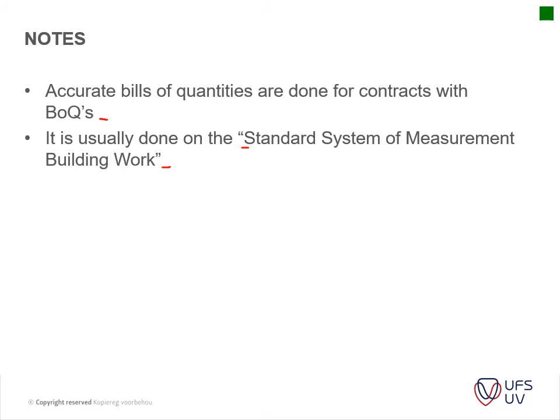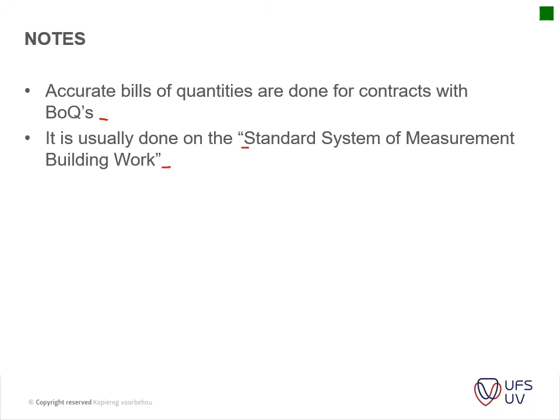Or another thing, for instance, hard rock. If you have excavations, but you find that there is hard rock that has to be blasted or chipped away, how do we pay the contractor for that? So it's very important to know. That's why the standard system has been developed, to say how each and every item will be paid.